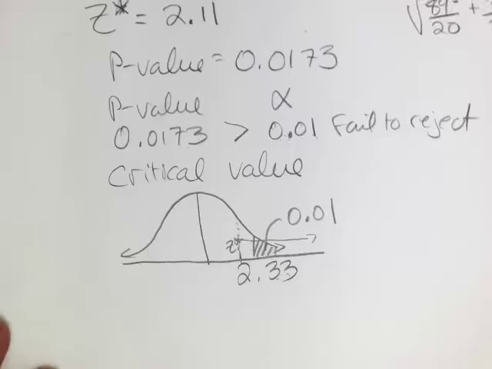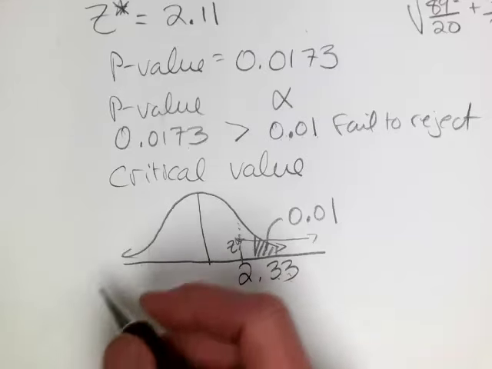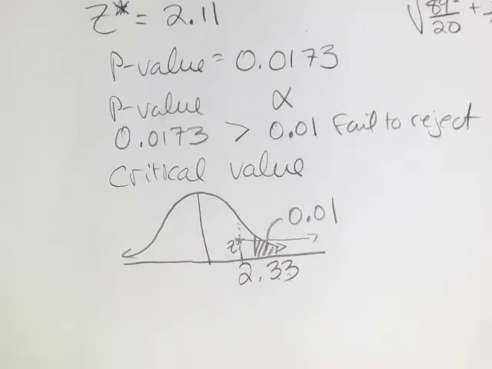Okay, so the decision is to fail to reject the null, and the question is, is there enough evidence? Can we support the claim that the mean amount spent in the first 3 months by clients of Diet A is greater than the mean amount spent in the first 3 months of Diet B?